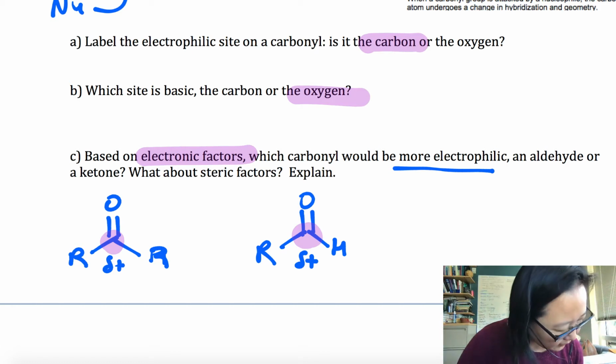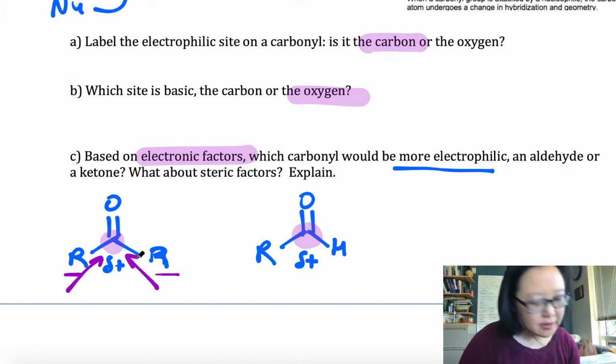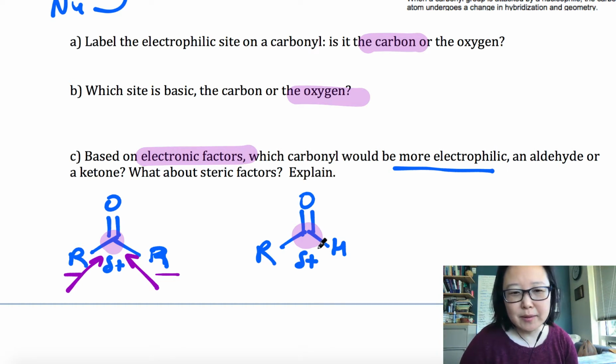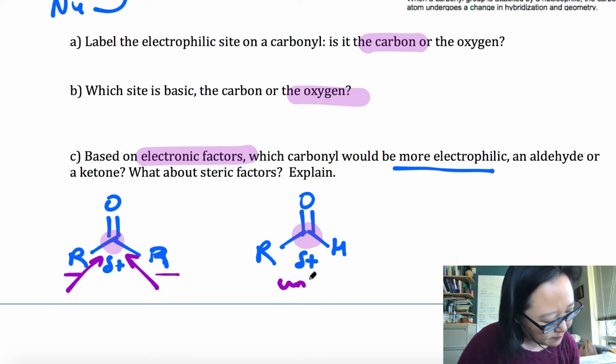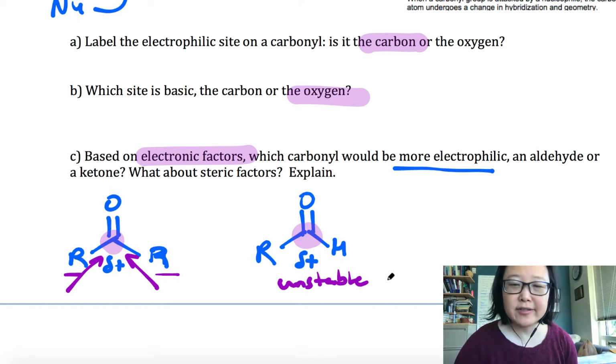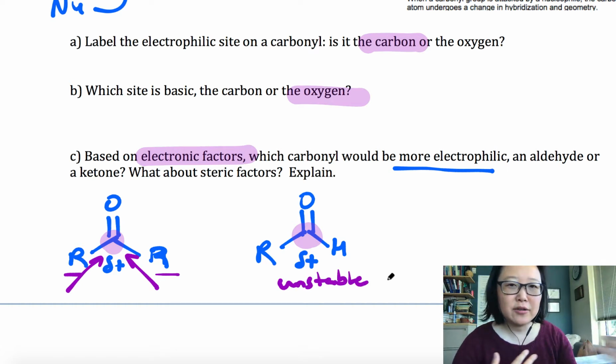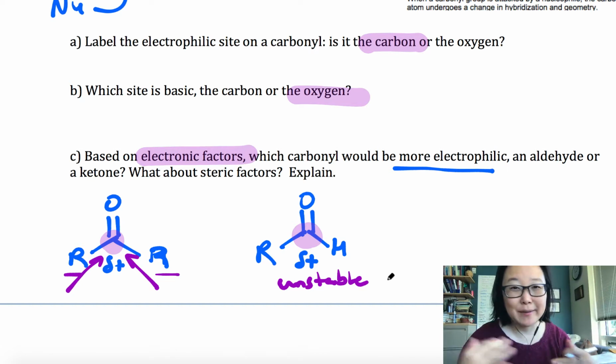Hopefully you think that the more R groups there are, the more the charge can be distributed toward that positive center, and that means it's more stable. So this would be more unstable then, meaning it's got more positive charge that hasn't been neutralized somewhat by neighboring R groups. It has fewer R groups.